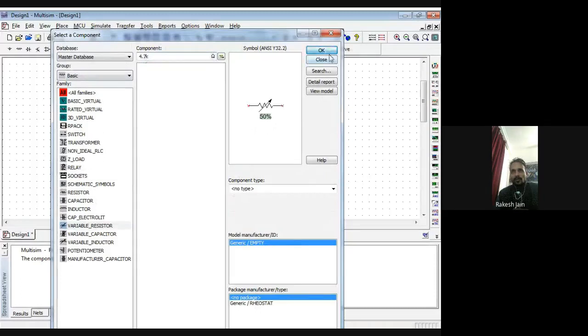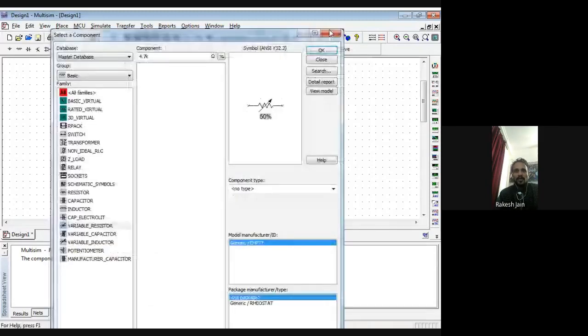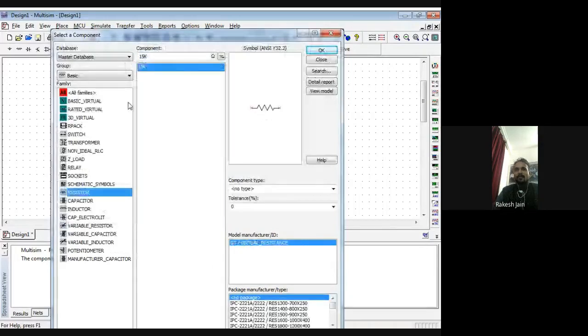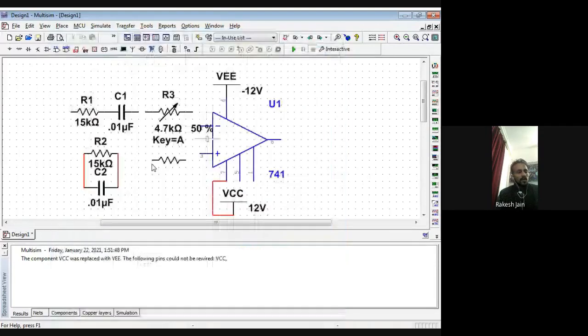So now see, this one is your 4.7k resistor. And one more resistor we require, that is of 1k, R4. In that diagram we mention it by R4, so this is your R4.